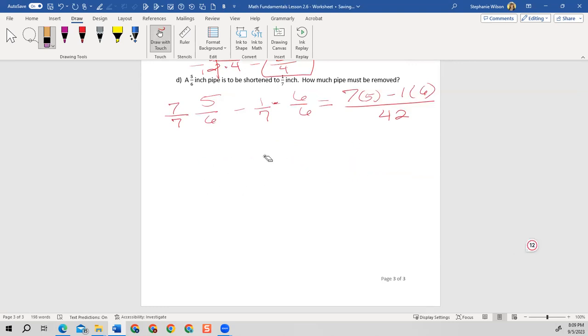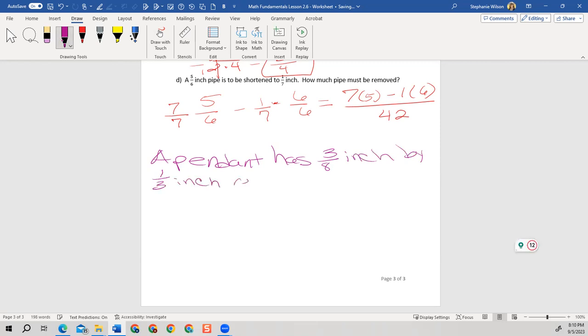Okay, so this next application problem I want to work out with you says that we have a pendant that has a 3/8 inch by 1/3 inch rectangular shape, with a 2/7 inch silver border.